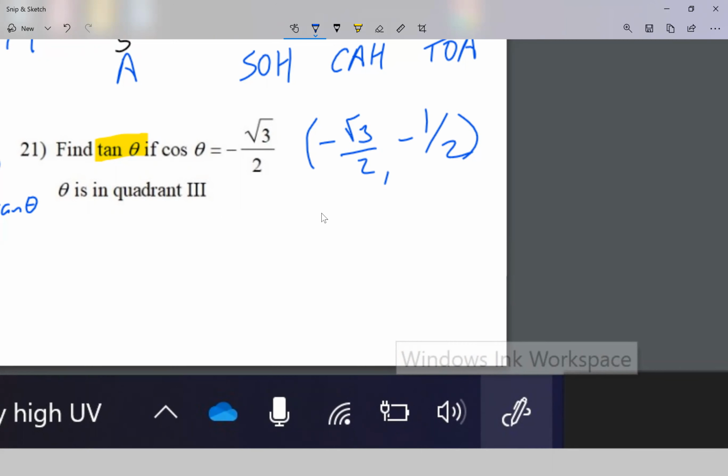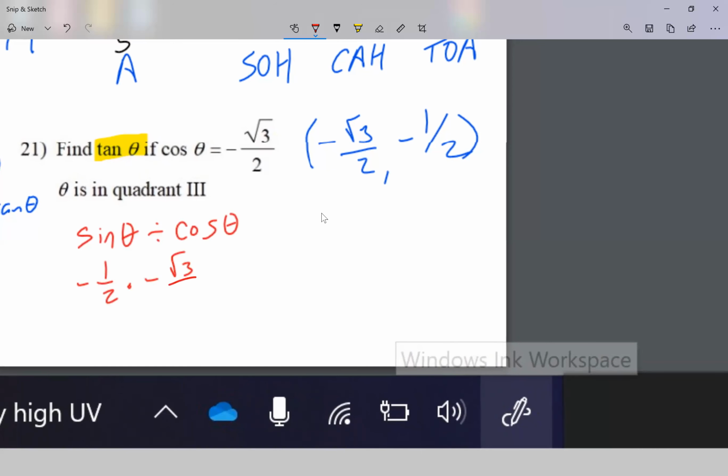Now I need to find tangent, and I know tangent is sine of theta divided by cosine of theta. So in my case, it's a negative 1/2 divided by a negative radical 3 over 2. Let me take a look at the negatives. There are two negatives, so my answer will be positive.